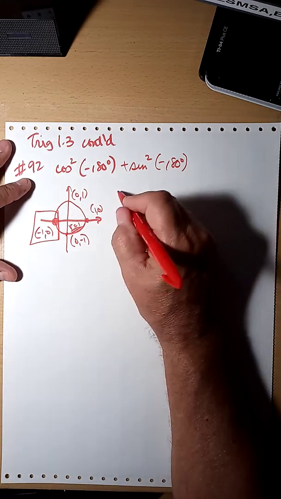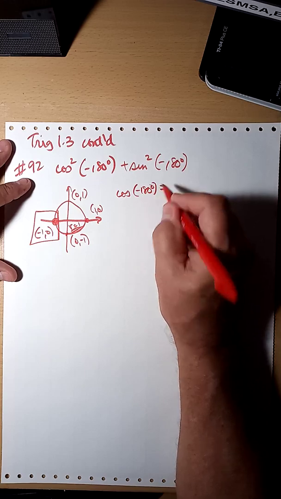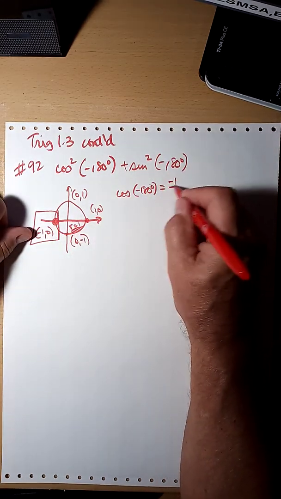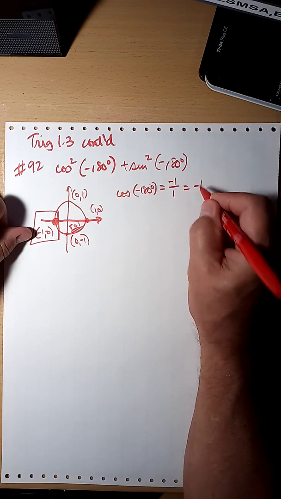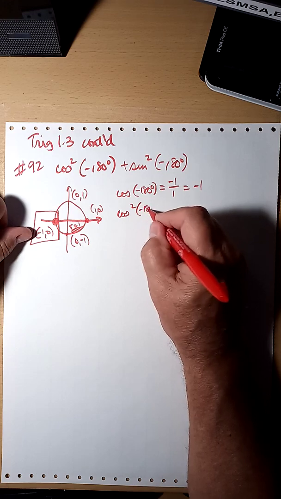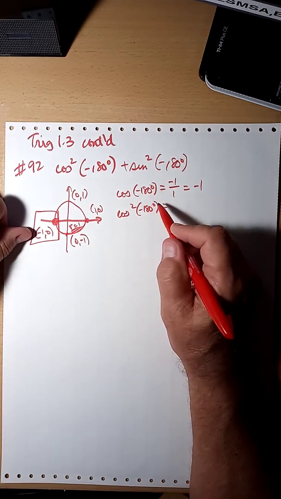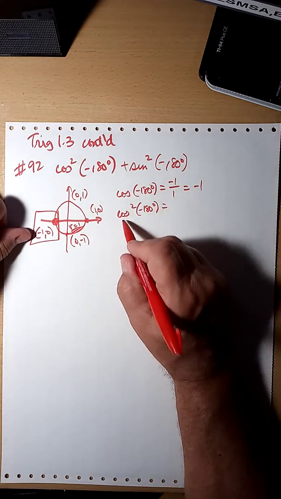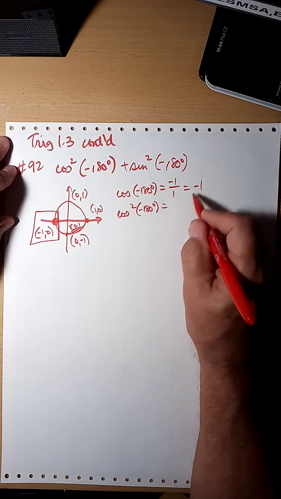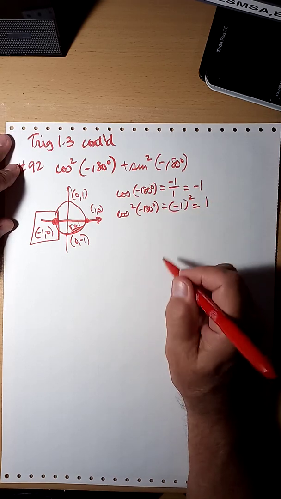So, the cosine of a negative 180 degrees is x, negative 1, over r, 1, which is negative 1. Cosine squared of a negative 180 degrees is just the cosine of a negative 180 degrees squared. They put the square next to the cosine so you don't square the 180. Negative 1 squared is positive 1.